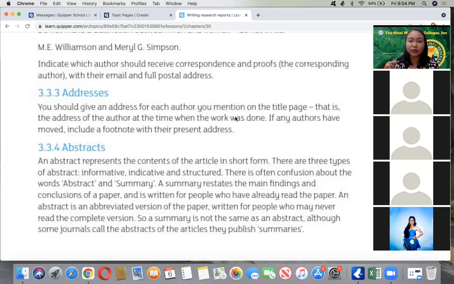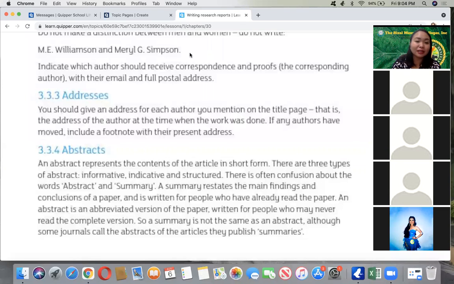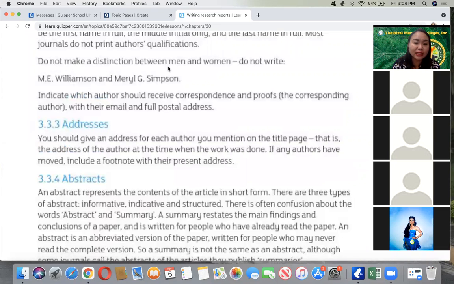So you should also give an address for each author. If you notice in the papers I listed, after the name there is a number one. Sorry, it's at the top, I forgot. Like, for this author it's 1, for that author it's 2. And below this, the one indicates where the affiliation is from, like Rizal Memorial Colleges, while Simpson is from, for example, the University of Wales.